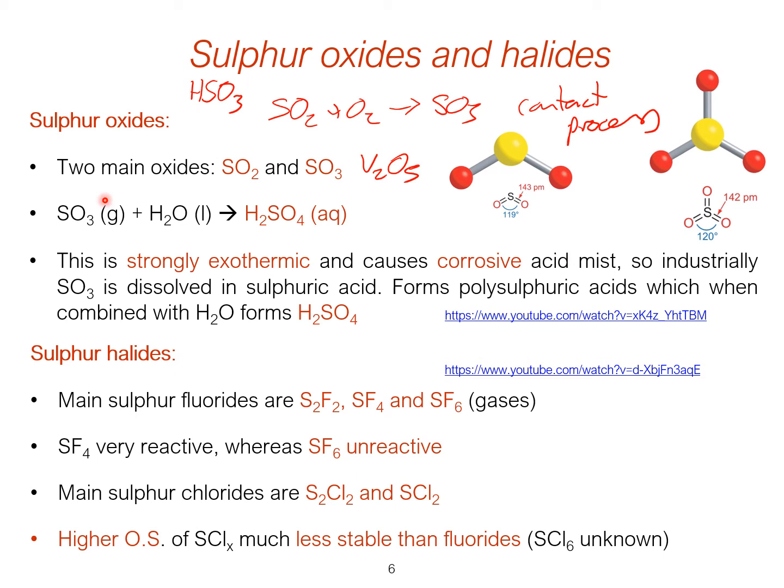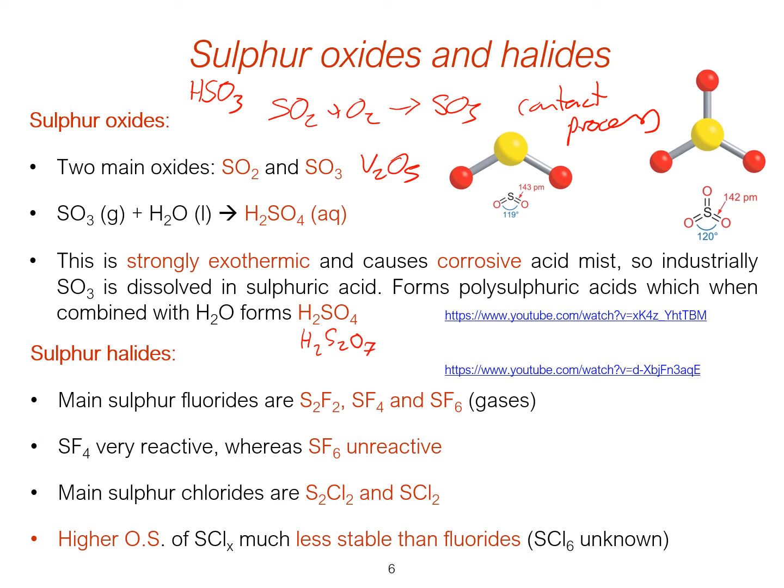So to do it industrially, what they do is dissolve SO3 in sulfuric acid. Obviously they've had to create this somehow first, but there's now enough sulfuric acid in the world that that's not a problem. So you dissolve SO3 in H2SO4 to make what are called polysulfuric acids. These will be things with a formula like H2S2O7. This is much safer, it's not so exothermic, and you don't get this corrosive mist.